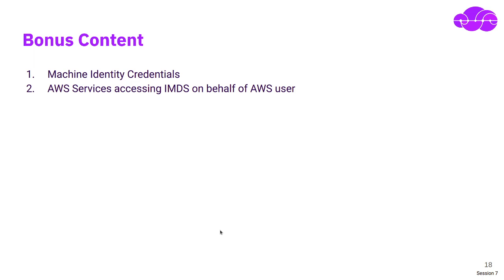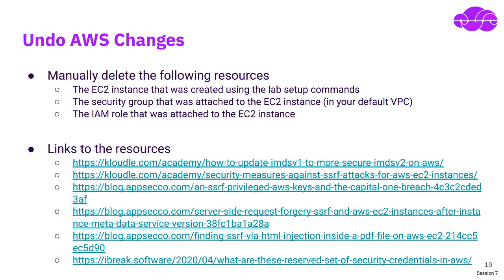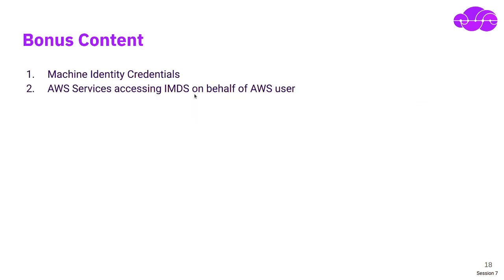All right. I thought I'll cover these two topics as bonus content for this session. The first one is actually a post that I had written about machine identity. In the references, take a look at the last reference here. I had tried to discover the use of a credential. Basically, there is an endpoint in IMDS that allows you to generate temporary credentials even if no role is attached to the instance.